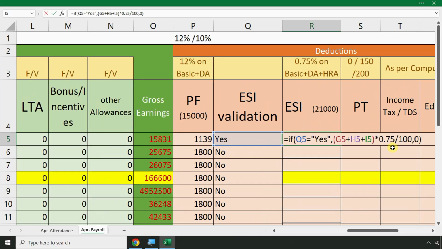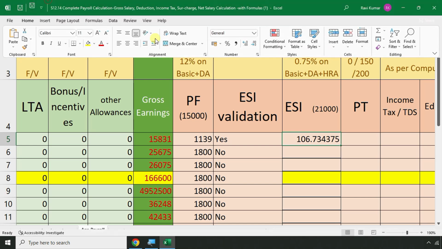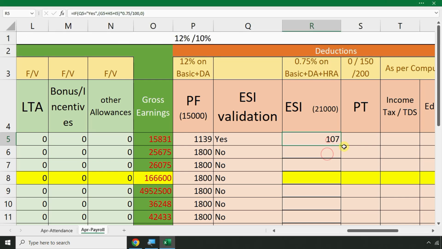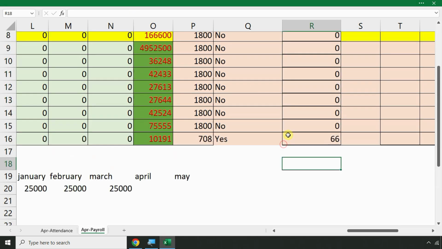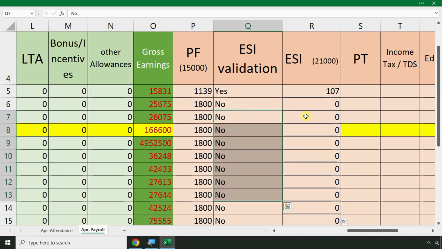True statement yes, false statement 0. And I remove the decimal places here. Why 0? Because the status is set as no, so 0. If it is yes here, then the value will come.